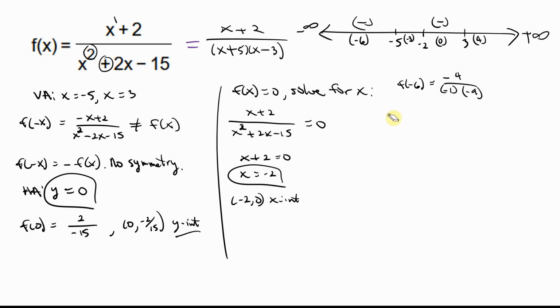So now we test f of -3. You get -3 plus 2 is -1. I'm plugging this into the factor terms. -3 plus 5 is 2. And then -3 minus 3 is -6, positive.